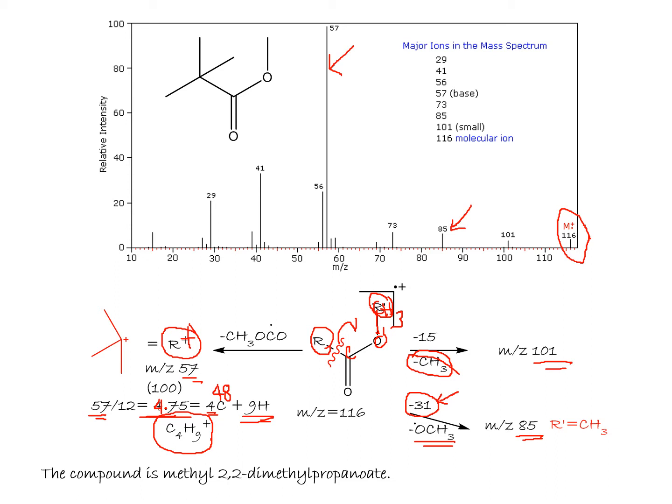What is the highly stable form of this? The highly stable one is the tertiary butyl group. So R is tertiary butyl. Connect it together, and you end up with the compound methyl 2,2-dimethylpropanoate, which is your proposed structure. Is that clear?